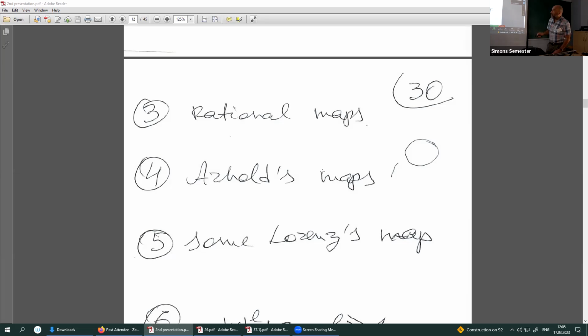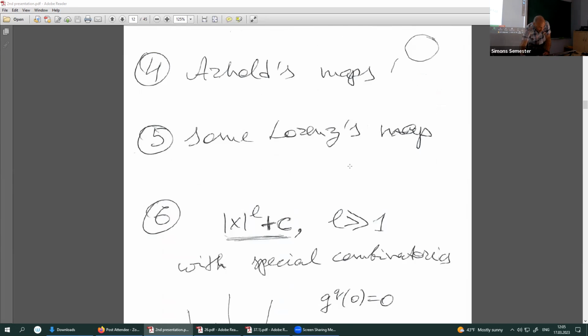And then we prove the lifting property, which is essentially the Thurston algorithm. It also holds for Arnold's map and some Lorenz maps, for example the linear Lorenz map.